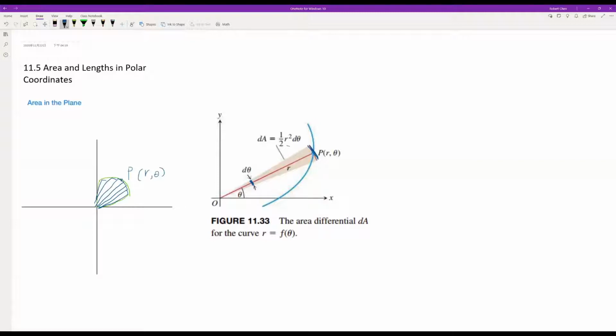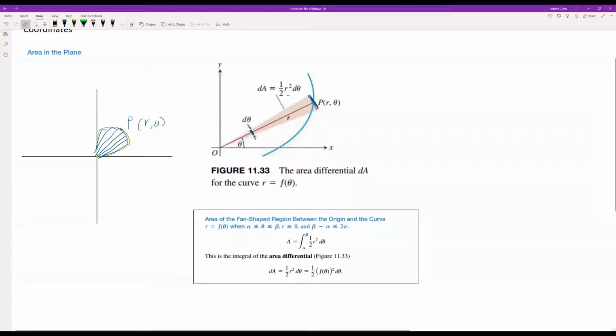That will give you the area of this triangle, since a triangle's area is 1/2 base times height. So that's the basic idea. And if we add all the little triangles together, we will receive the formula.